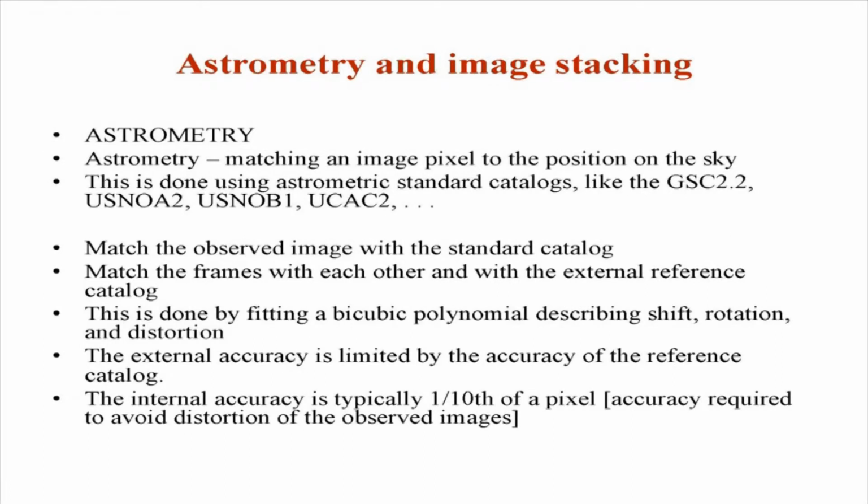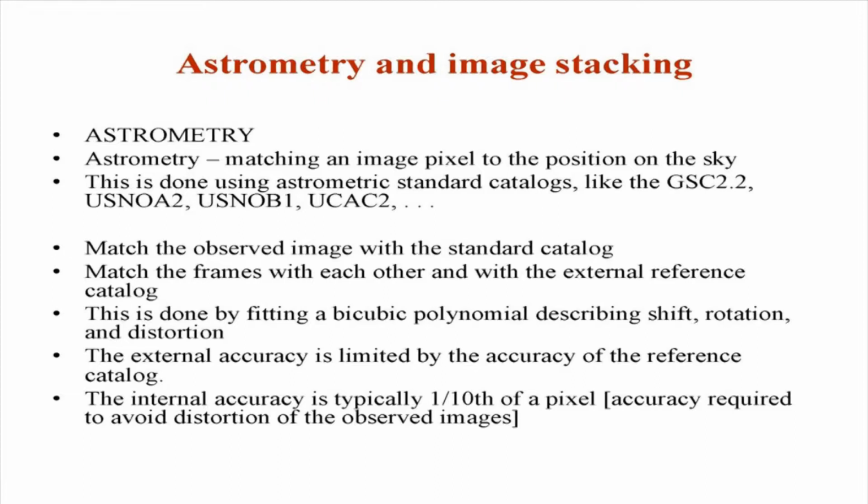Then astrometry, as we discussed in the beginning itself, is nothing but matching your pixel to the position on the sky. You do this by comparing with standard catalogs where the coordinates of the objects are known.